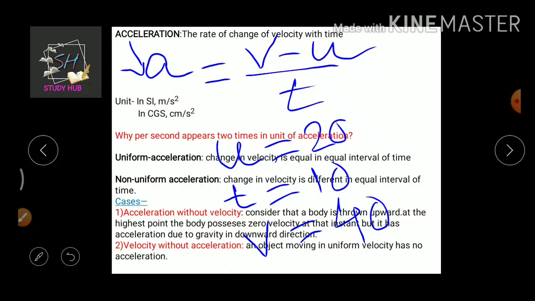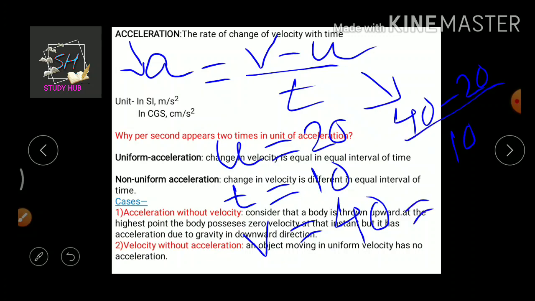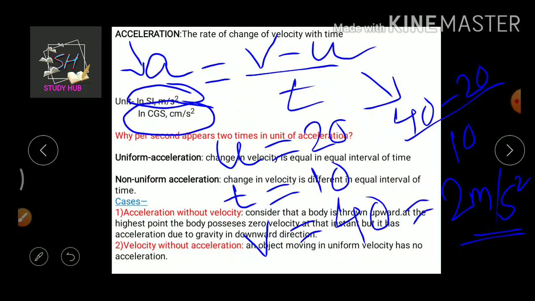So from these three we can find the acceleration. We use this formula: v minus u divided by time, that is 40 minus 20 divided by 10, which gives 20 by 10. So 2 meter per second square, as meter per second square is the unit of acceleration in the SI system, and in the CGS system it becomes centimeter per second square.